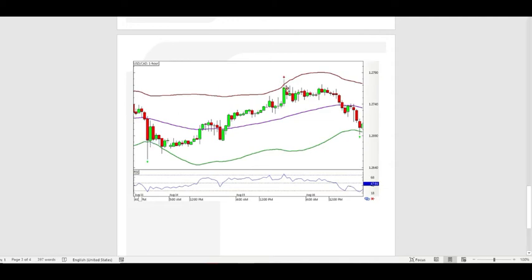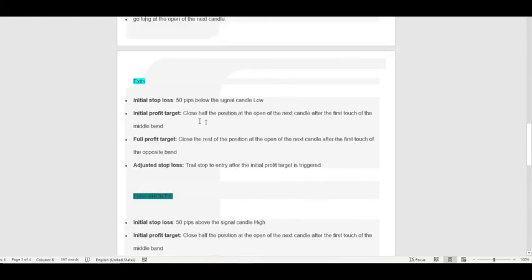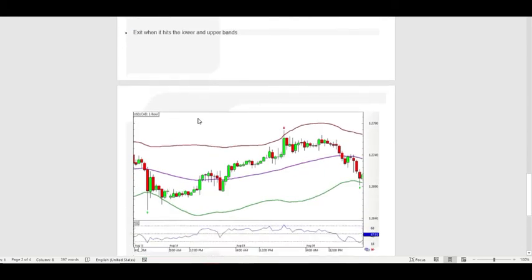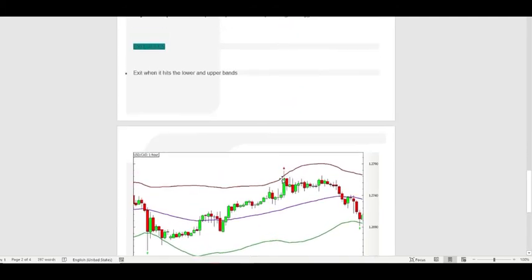It's the same as when you are going short. The moment you see this green candlestick, you see a higher high. The high of this green candlestick is above this upper band, right?